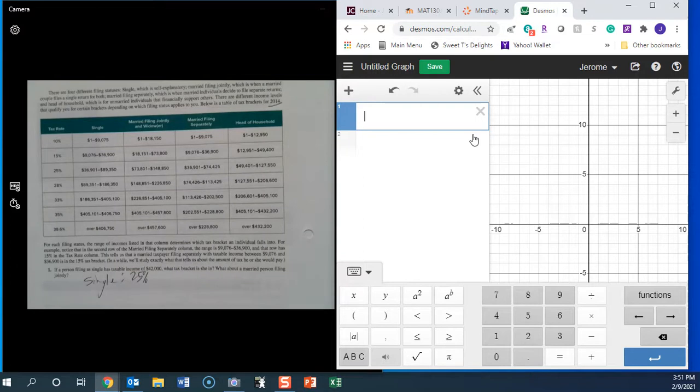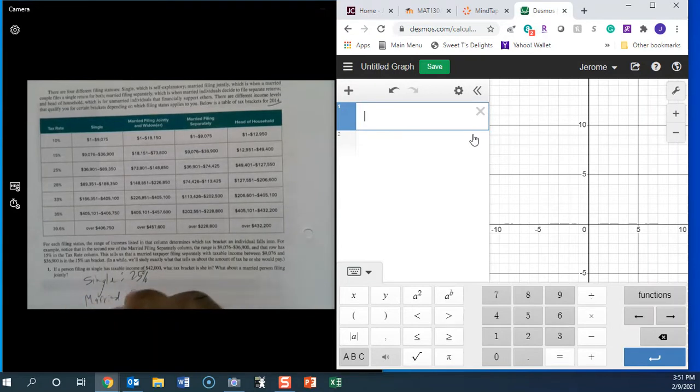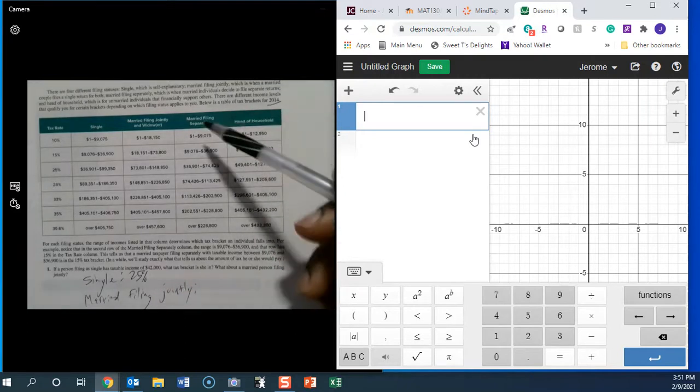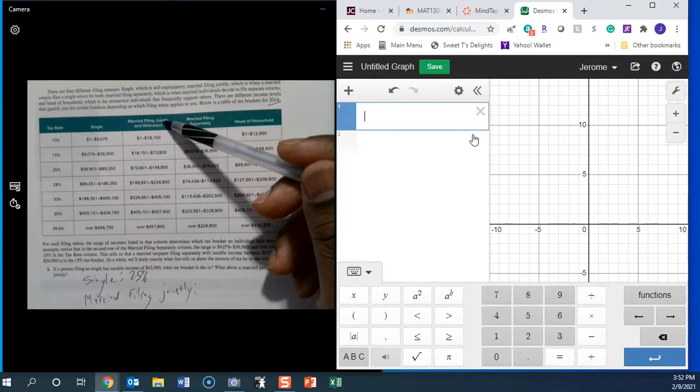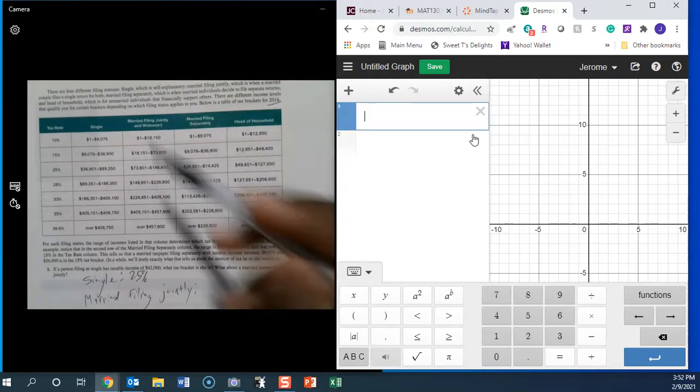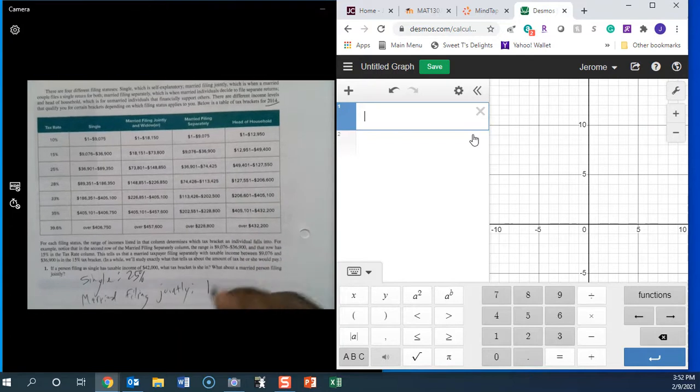Now it says, what about married person filing jointly? Married filing jointly. All right, so we'll go to married filing jointly, and we will go to where 42,000 would be, which would be here, and that would be 15%.